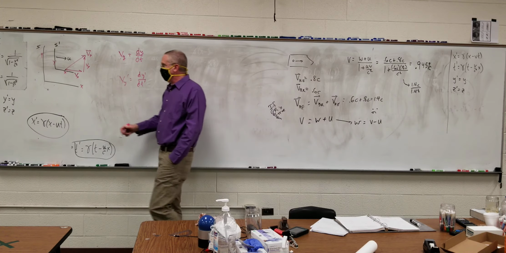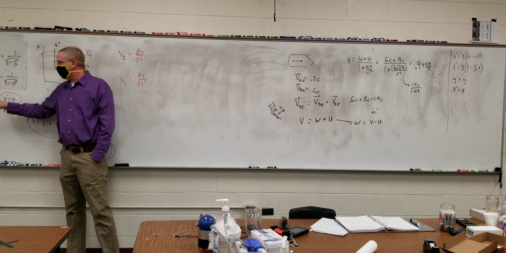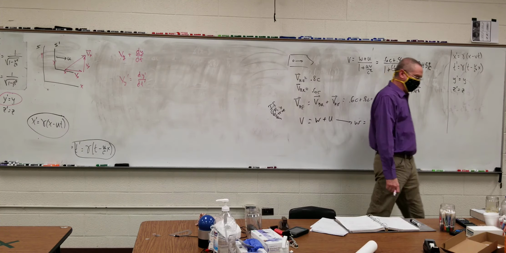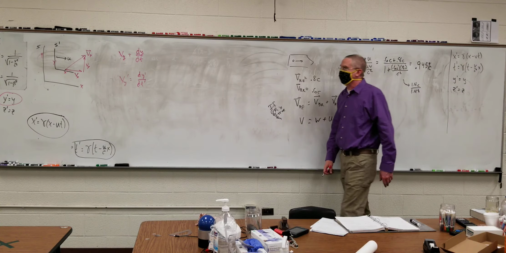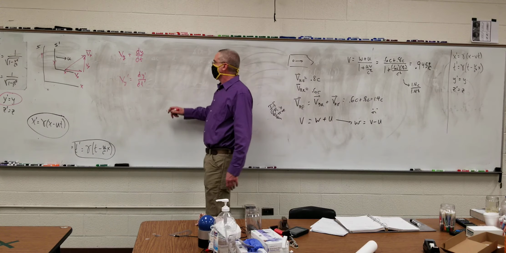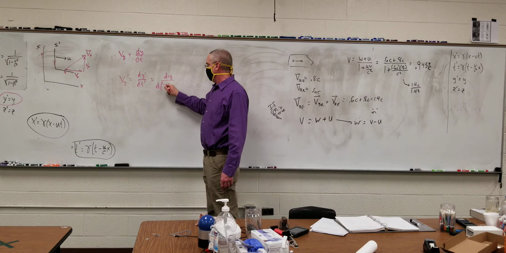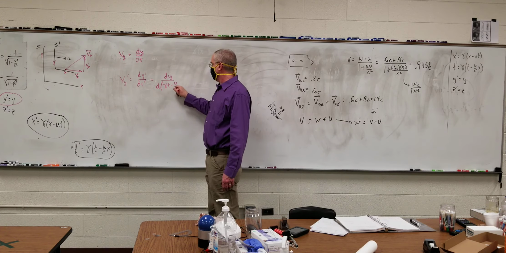I know that y prime and y are the same thing. The relativistic effects happen parallel or anti-parallel to the movement of the speeding object. So this is the same as dy over d of gamma (t minus u over c squared x).